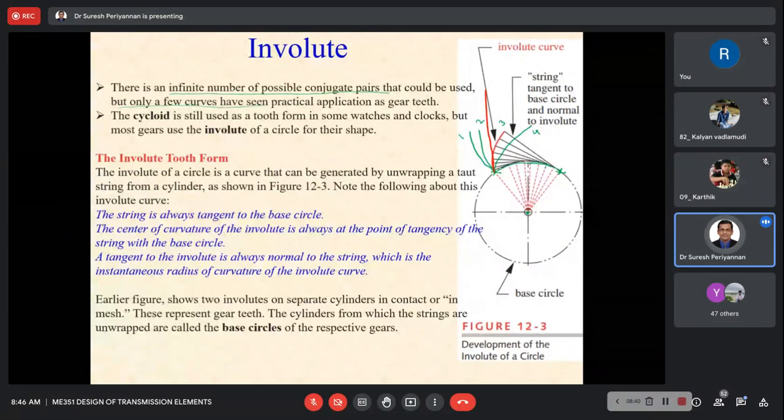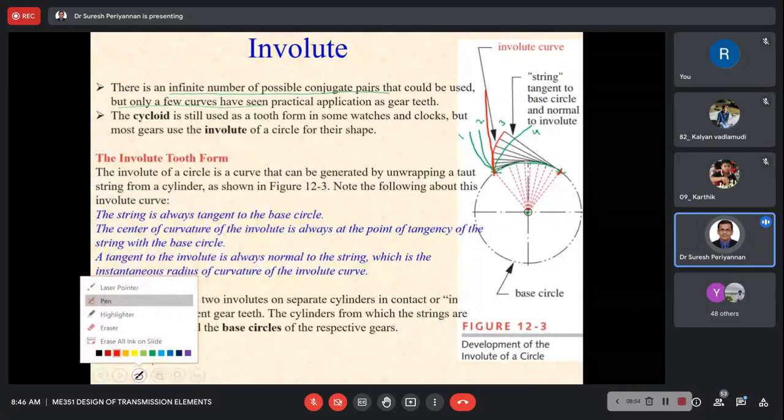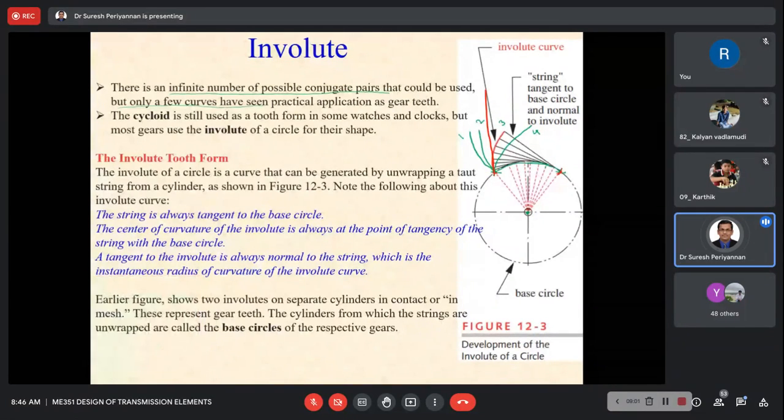Now, see the procedure we should follow. I already told you that we have considered these points for the design of our gear. This is my starting point here. From this starting point, I draw a tangential line from the base circle.